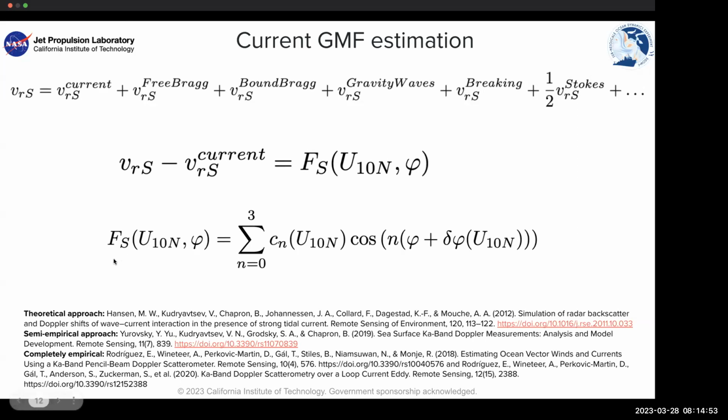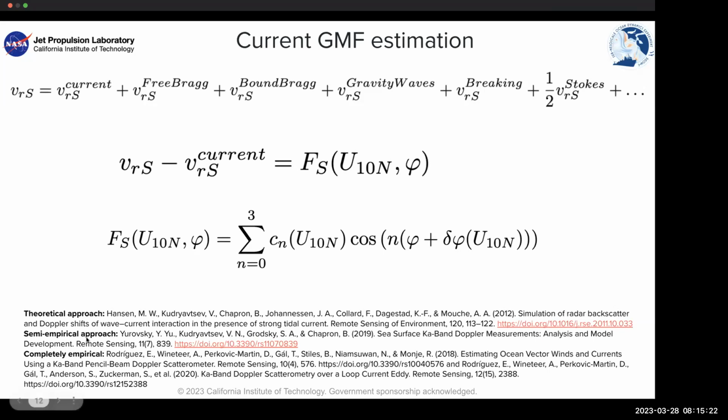There are other theoretical approaches that have been taken. So there is something called Doppler that has been made in Europe. The first version of this Doppler started in 2005 with Bertrand Chapron and Fabrice, and then it's been elaborated since, and it's still being elaborated.